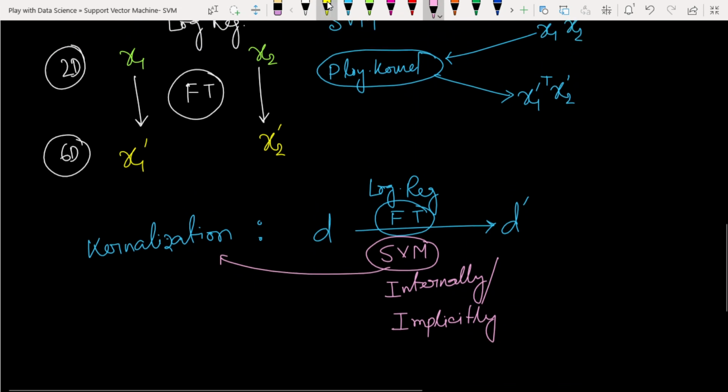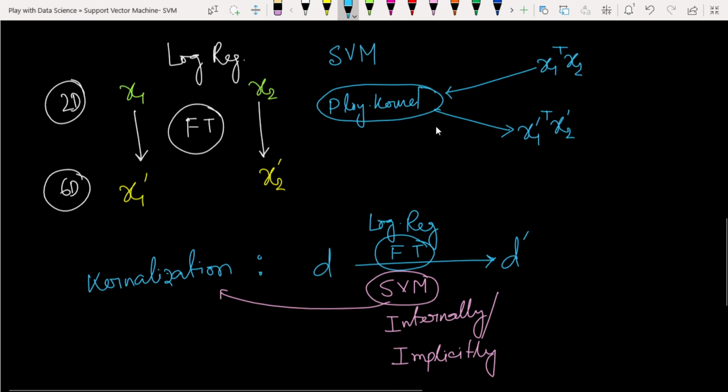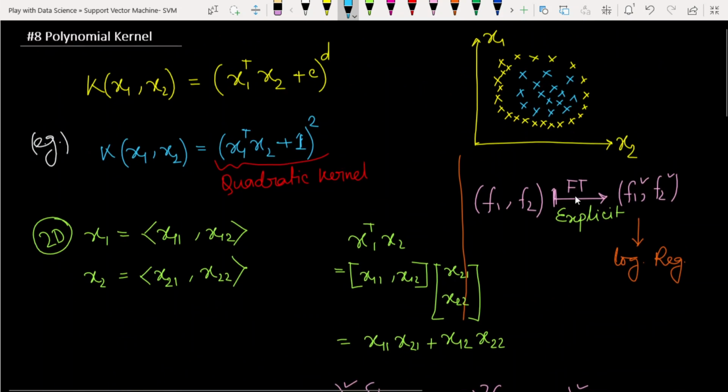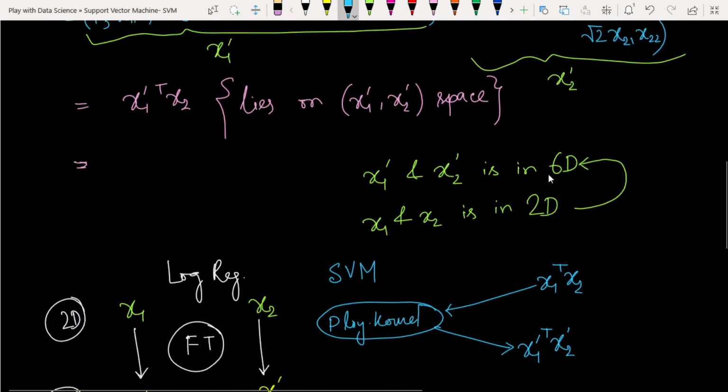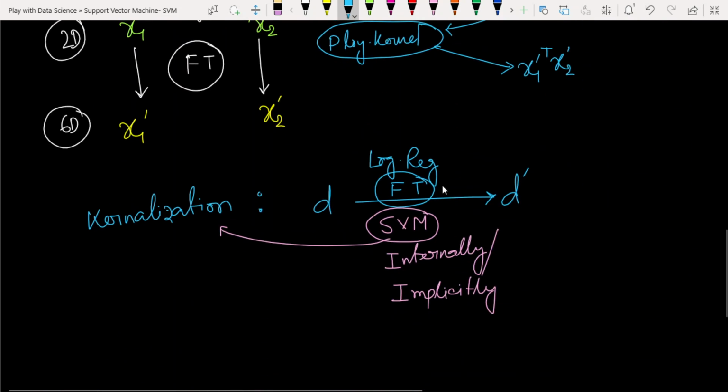And here in logistic regression, it is done explicitly. So in logistic regression we are doing this thing explicitly, and in SVM we are doing this thing implicitly, but both are the same kind of thing.